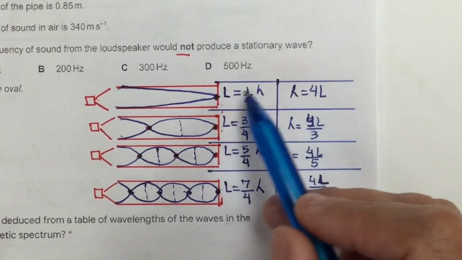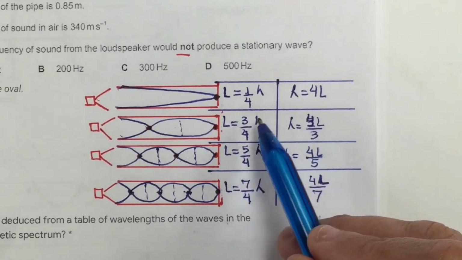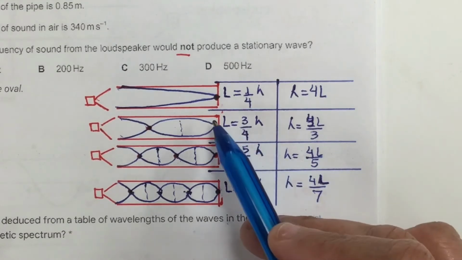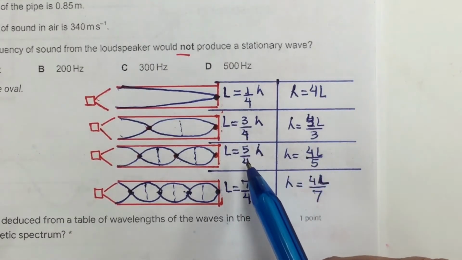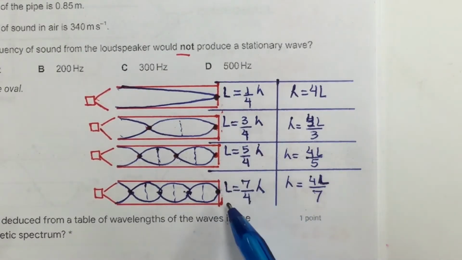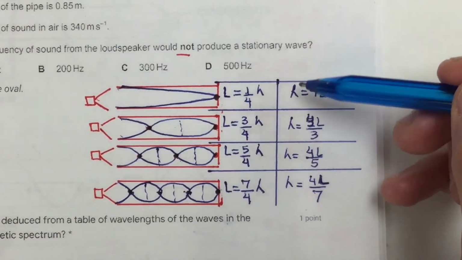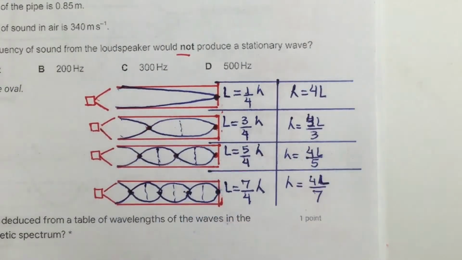So lambda is 4L, this is lambda is 4L over 3, and this is 4L over 5, and this is 4L over 7. So these are the values of the wavelength in terms of the length of this pipe.